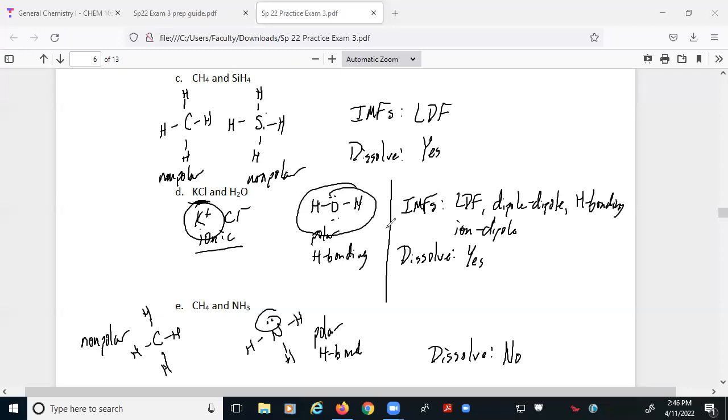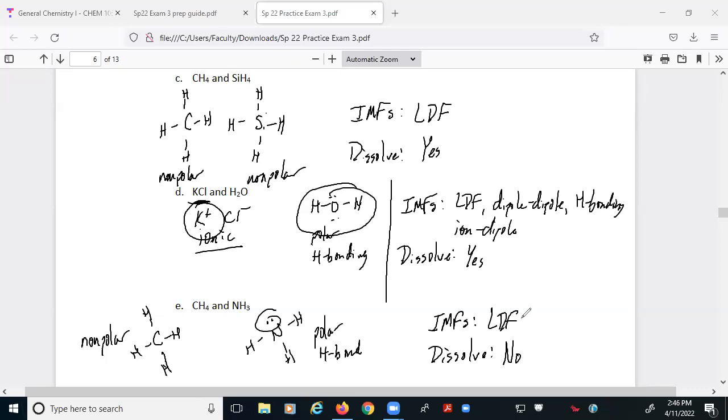Now, what kind of intermolecular forces are going to exist here? Well, we're definitely going to have the London dispersion forces, because again, even if they don't interact with each other in terms of mixing, they will have those London forces between them.